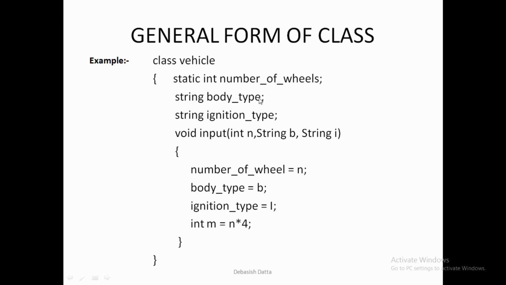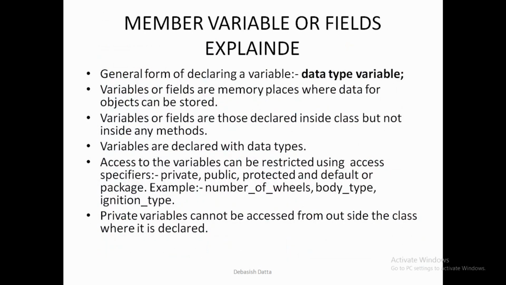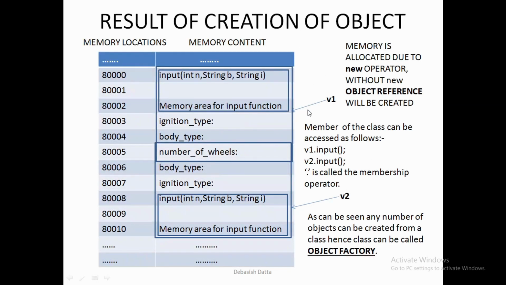The body type member variable is preceded with its data type string. The ignition type member variable is preceded with its data type string. The variables or fields are memory places where data for an object can be stored. As you can see from this figure, for both v1 and v2, memory is reserved for its member variables. These are the memory places where data for objects v1 and v2 can be stored.